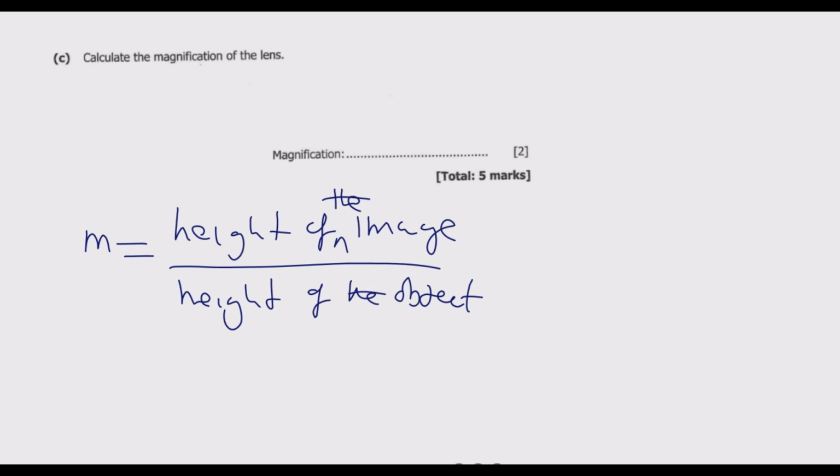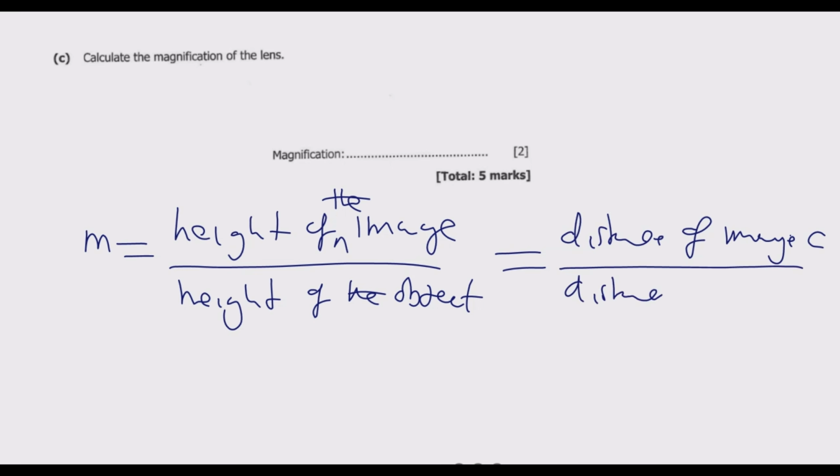Alternatively, you could use the distance of image from C, the optical center, divided by the distance of object from C, the optical center.